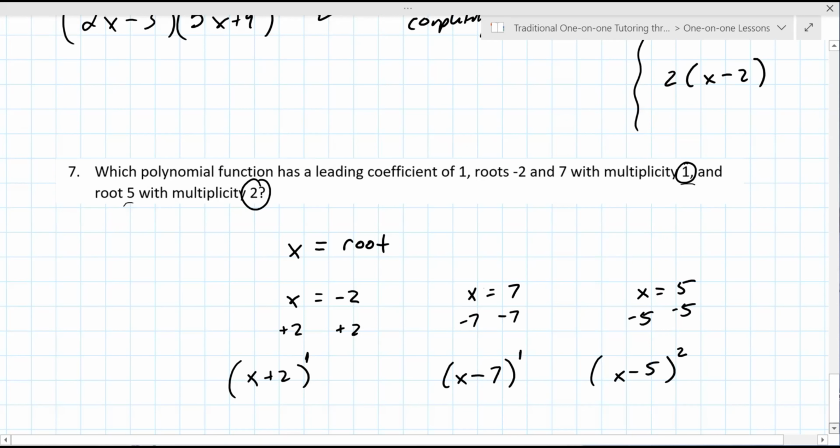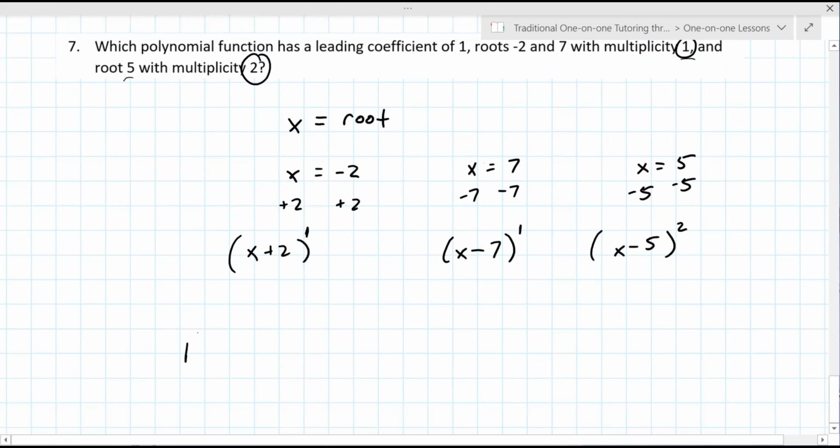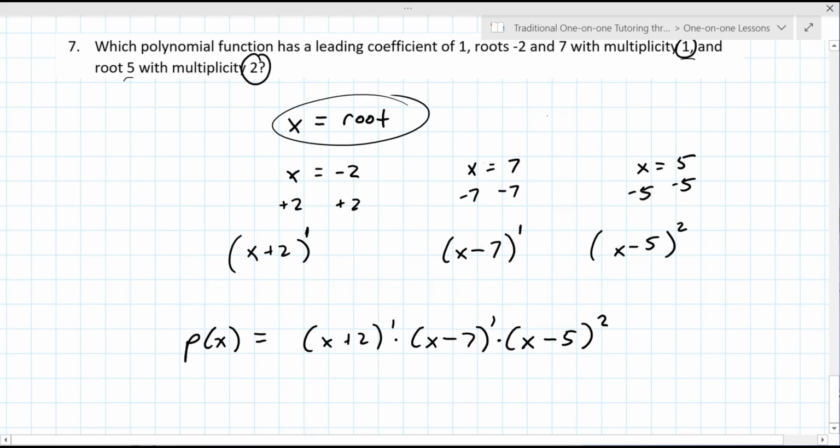So now your polynomial function is just these smushed together like this. Now a couple of things. It is x equals root. Some students prefer x minus the root with the multiplicity up here, and that is fine. That's totally correct.